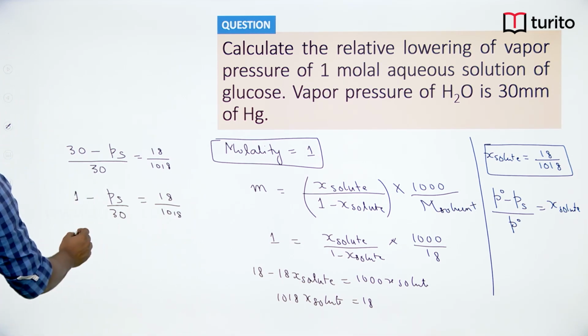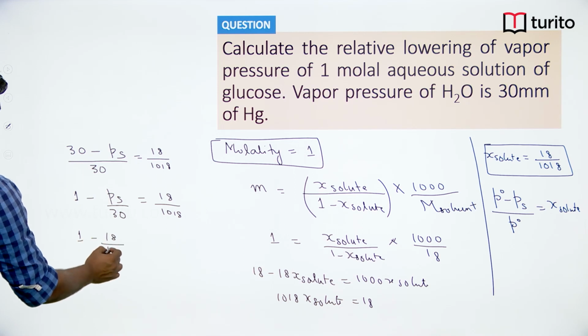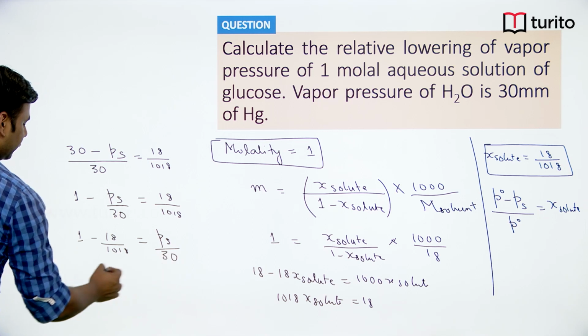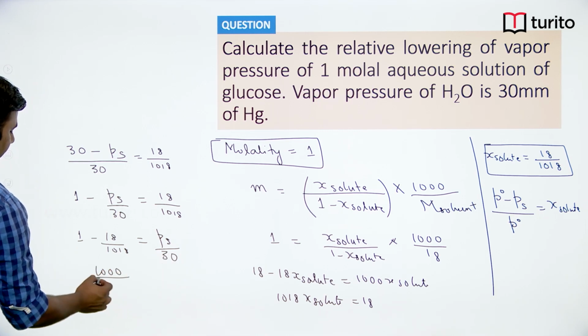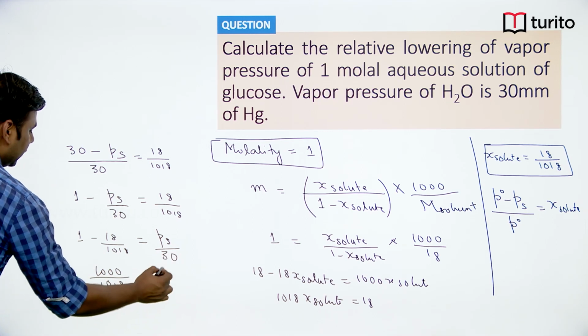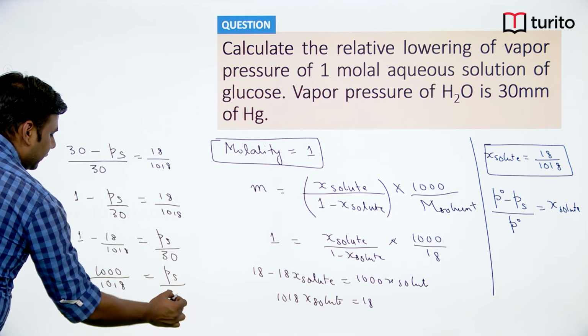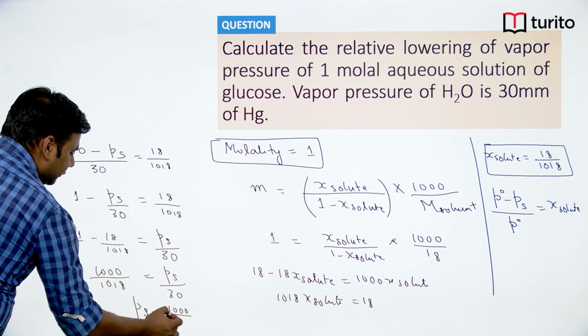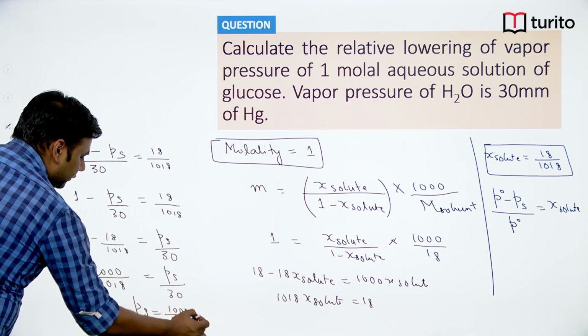So I can take it over here: 18 upon 1018 equals 1 minus Ps upon 30. So this would be 1000 upon 1018 equals Ps upon 30. So Ps, the pressure developed over the solution, would be 1000 upon 1018 into 30.